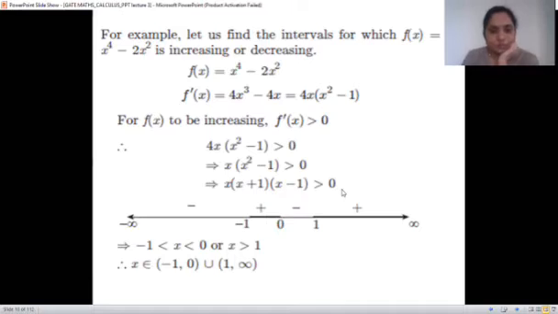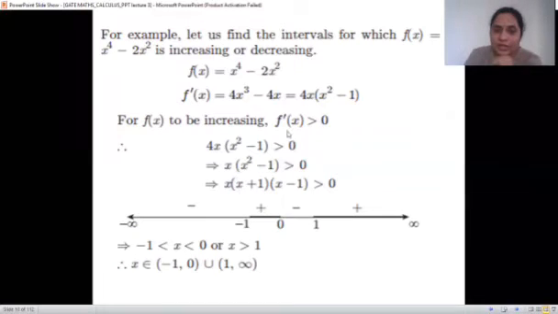Now, for the f dash x function, that is 4x into x square minus 1, there are 3 points: x is 0, x is minus 1 and x is 1. So minus 1 is here, and we'll calculate f dash of minus 1.